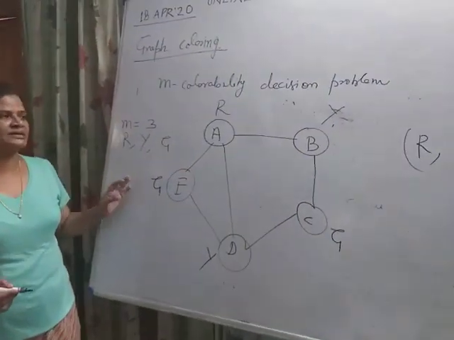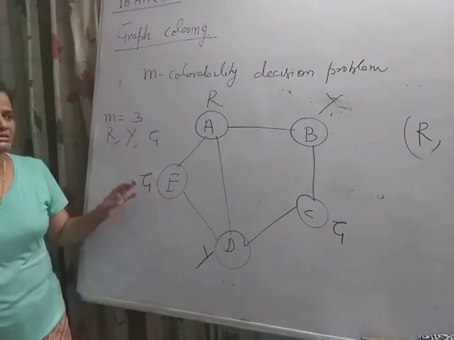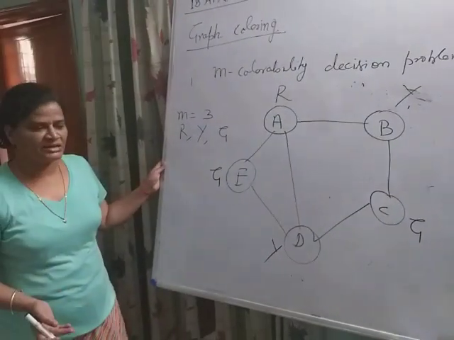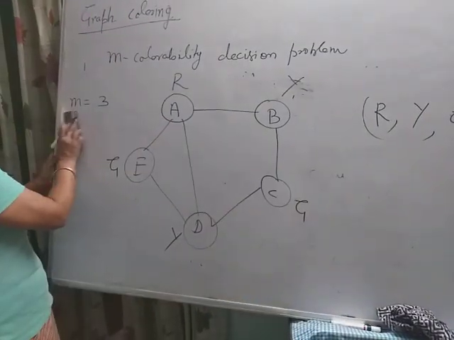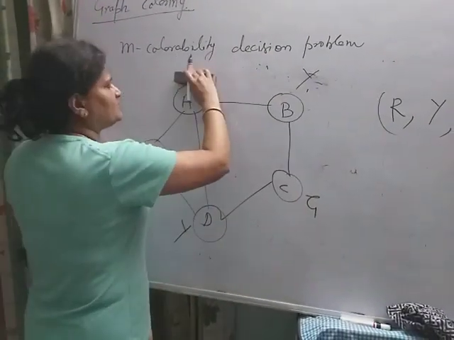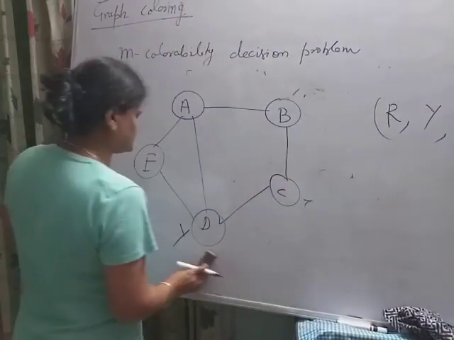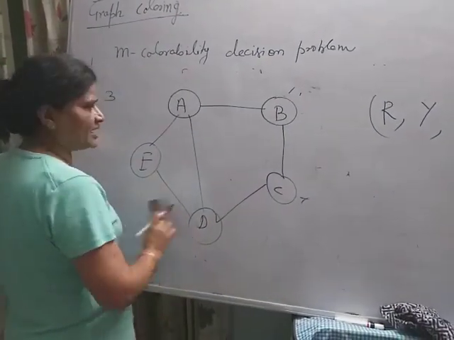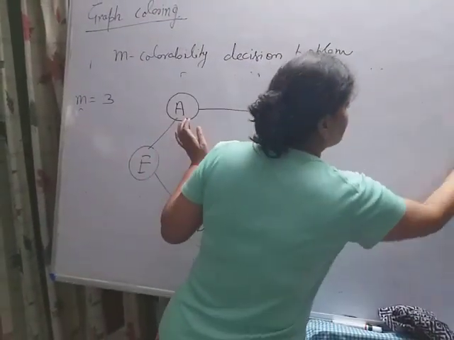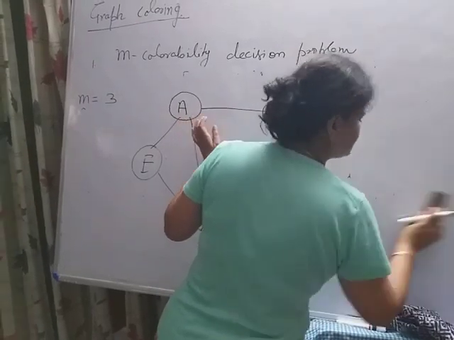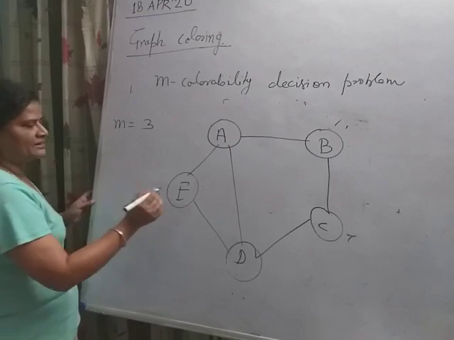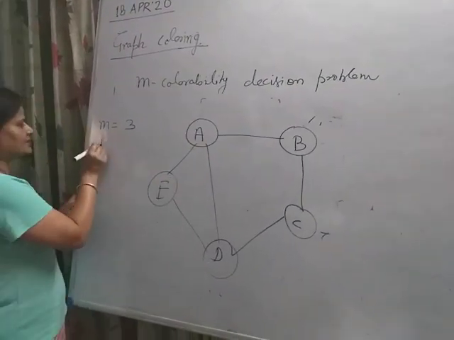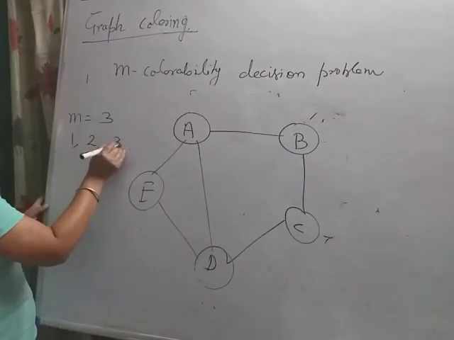When we solve a problem with backtracking, there can be a number of solutions and it will generate all possible solutions. There can be other possibilities also. Because we store the graph and take the colors as integers, here m equals 3 and the colors are numbered 1, 2, 3.